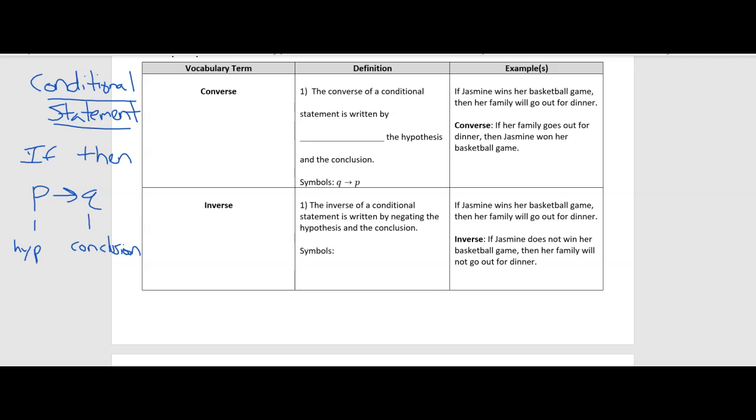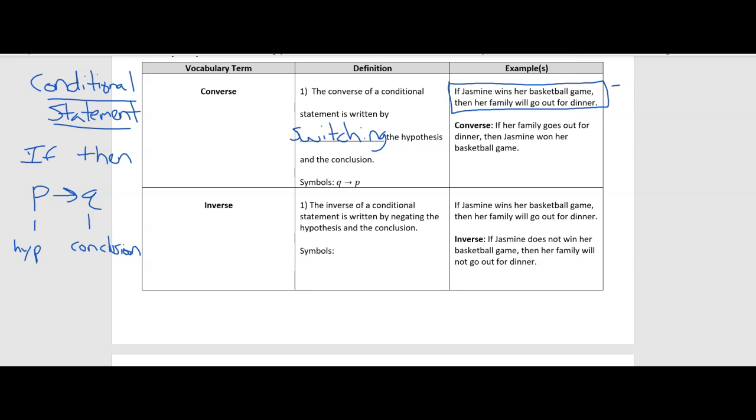So the converse. The converse of a conditional statement is written by switching the hypothesis and the conclusion. So we can look at an example. We're back with Jasmine and her basketball game. The conditional statement would be, if Jasmine wins her basketball game, then her family will go out for dinner.